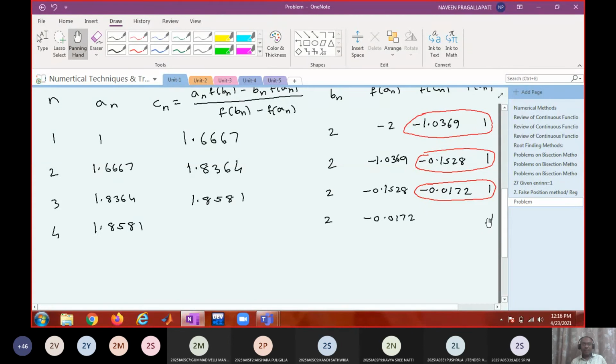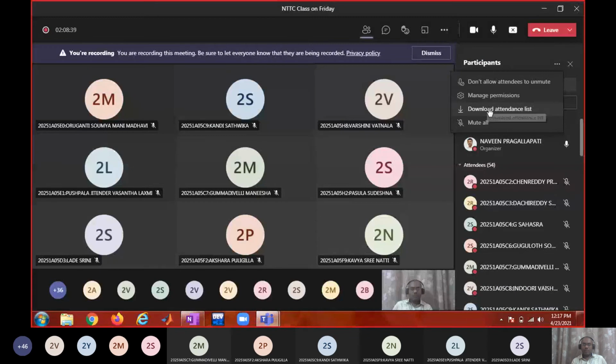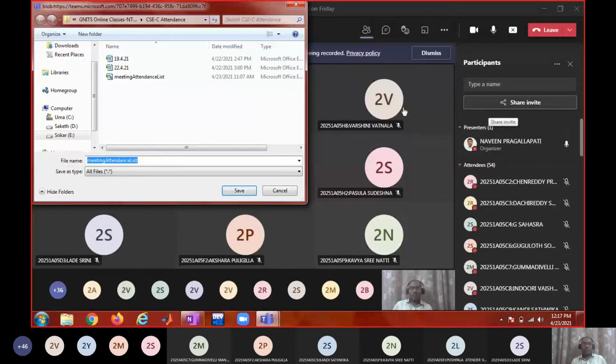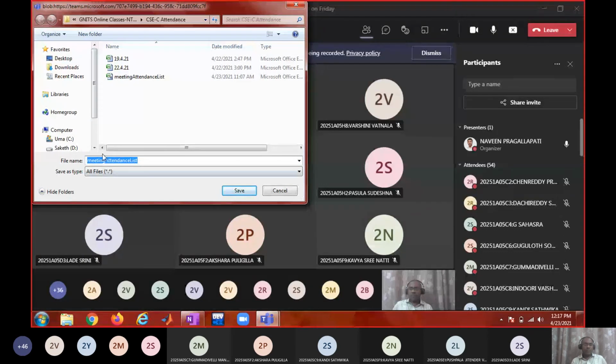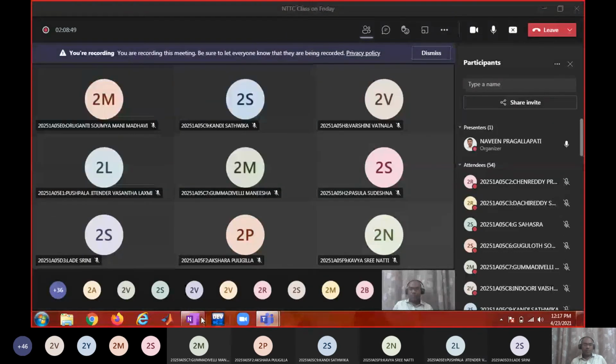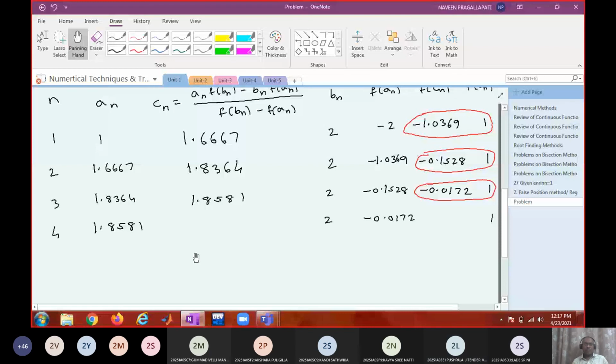A4, B4, f of A4, f of B4. 1.8605. Compute f of C4. I think by next iteration we will be able to get it.